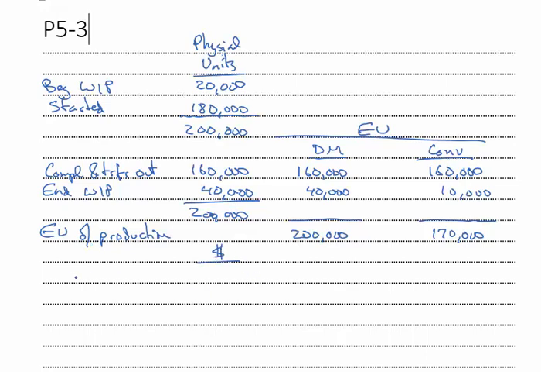Switching to dollars now. We have beginning work in process, and that was 25,200 and 24,800. And costs added, the book says 334,800 and 238,700.